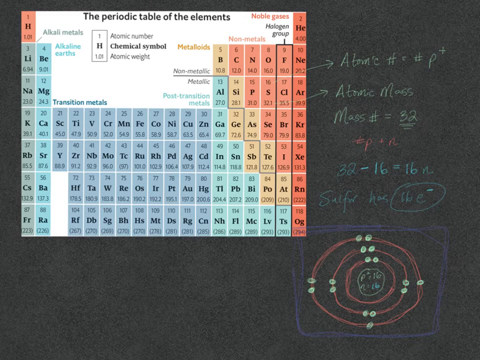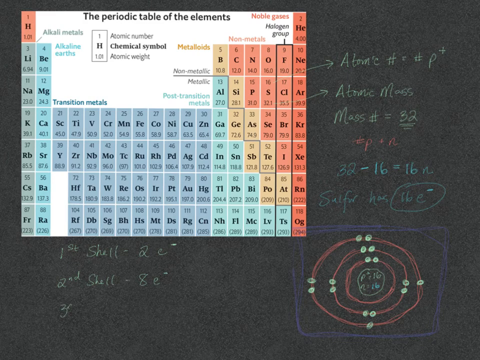Now, the rules in terms of how those electron shells or orbitals are filled. The first shell, the one that is closest to the nucleus, can only hold 2 electrons. The second shell can only hold 8 electrons.